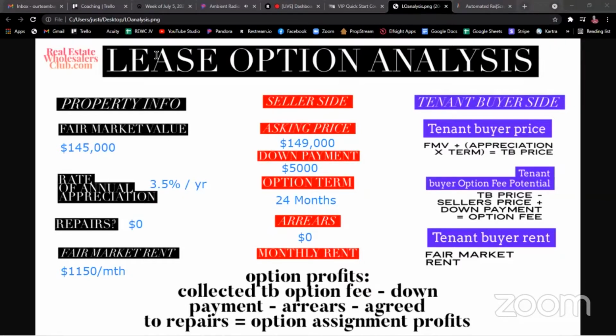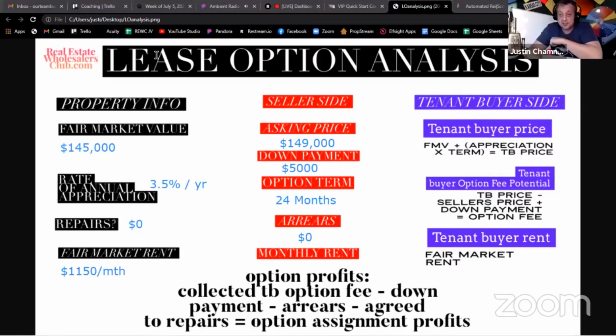Okay, gotcha. But I don't need the insurance. I just want to get the search done. Right? I don't need the insurance yet on a lease option because I'm not closing the deal yet. So I don't need title insurance just yet. But I would like to know about this. If I'm a tenant buyer, this is something I might want to do, but none of them are smart enough to know to do that. Okay. Just FYI.